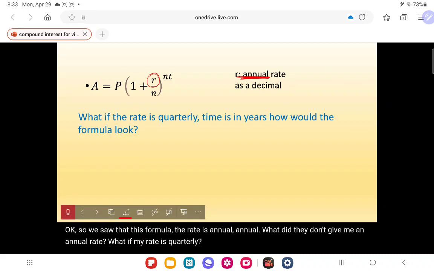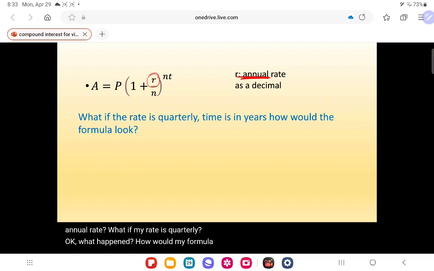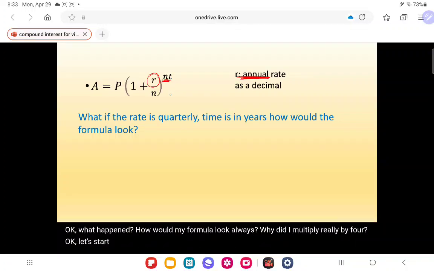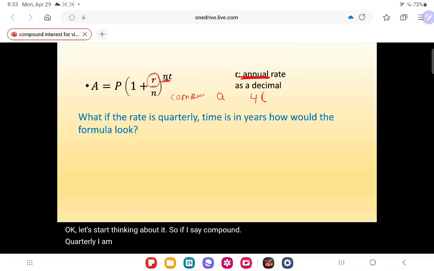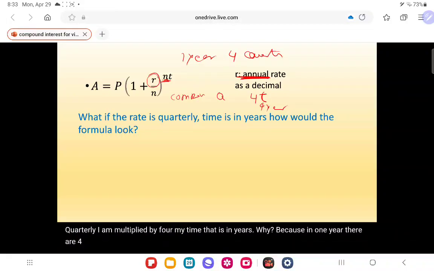How would my formula look? Why did I multiply by 4? Let's start thinking about it. If I say compounded quarterly, I am multiplying by 4 my time that is in years. Why? Because in 1 year, there are 4 quarters.